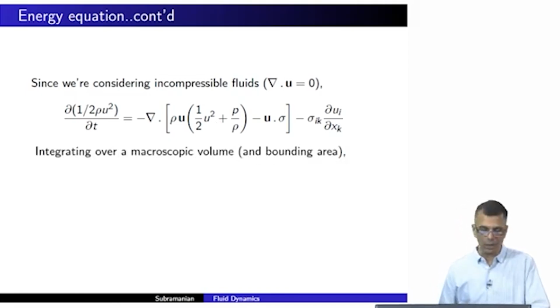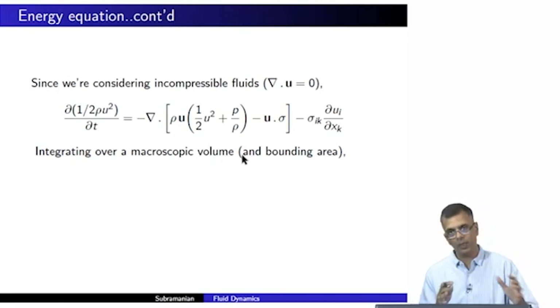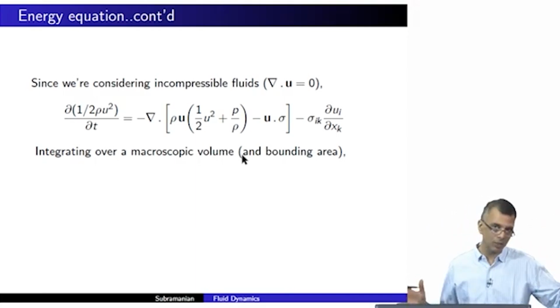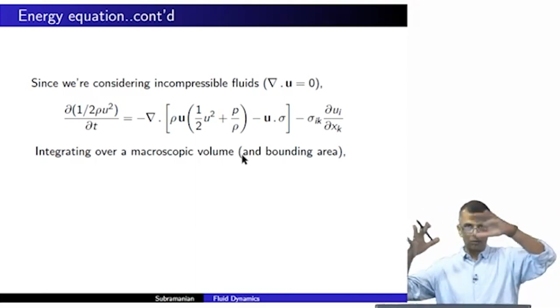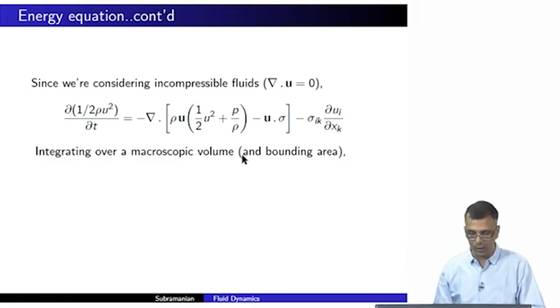Now we're going to do something interesting and very important: we integrate over a macroscopic volume and bounding area. What I mean is that we integrate over the entire body of the fluid. The fluid is essentially unbounded, and so the bounding area is taken all the way out to infinity, and I'm going to be using Gauss's divergence theorem here.